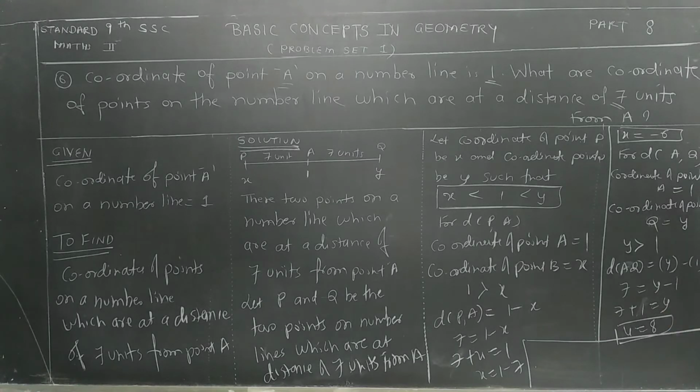Therefore, what have they asked you? The coordinate of points on a number line. You can write the answer to the question properly. What is that?